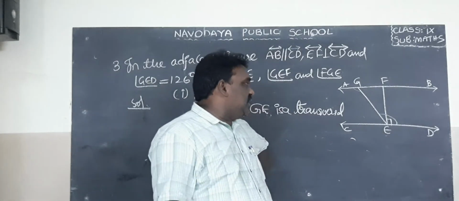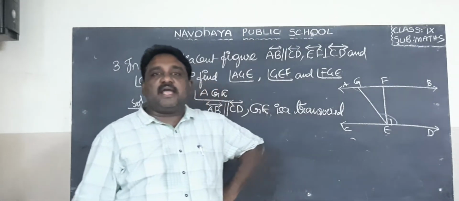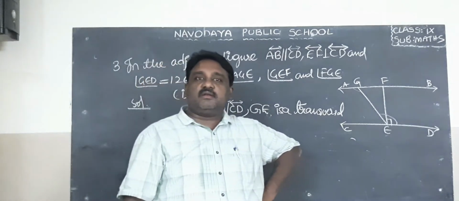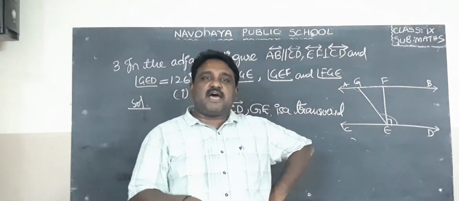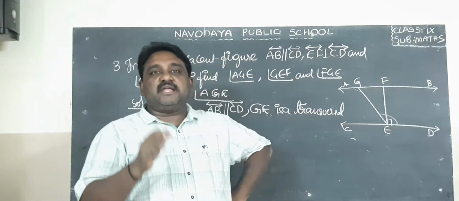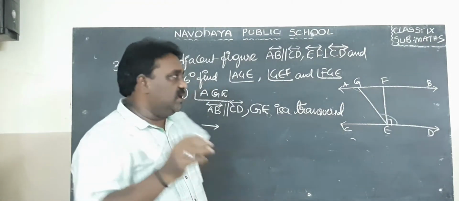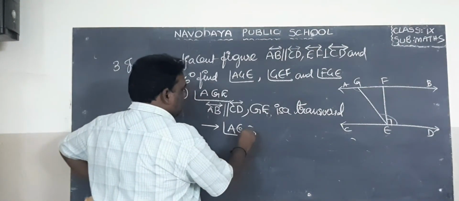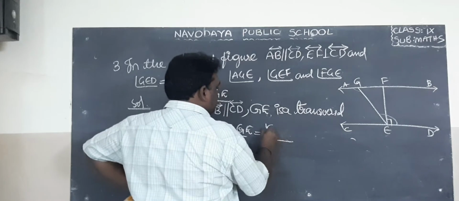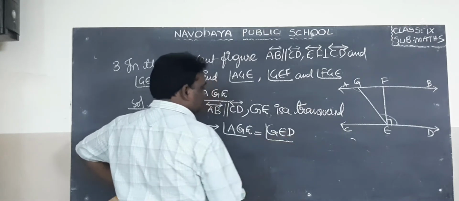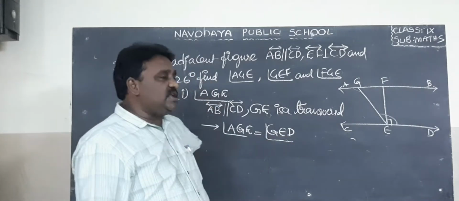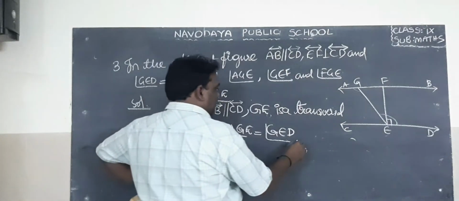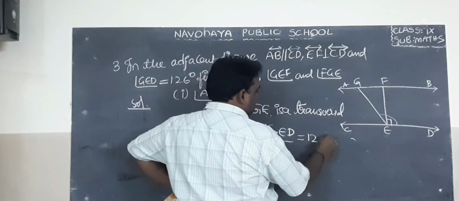Why they are equal? Because they are interior alternate angles. So angle AGE equal to angle GED equal to 126 degrees.